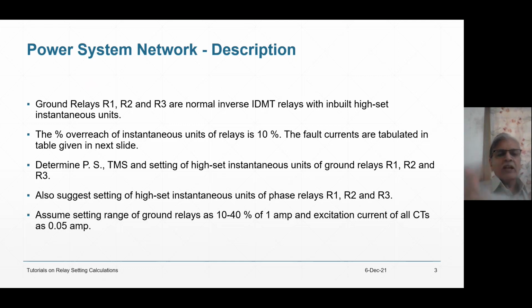So tutorial by tutorial we will be going on adding complications to let you know as to how really in an interconnected system the setting calculations are done. The percentage overreach of instantaneous units of all relays, that is phase and ground both, is 10%. Fault currents are tabulated in the table given in the next slide. You have to determine right now only plug setting, time multiplier setting and setting of high set units for ground relays R1, R2 and R3.